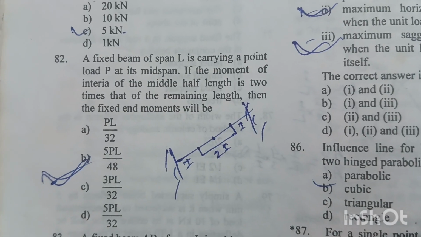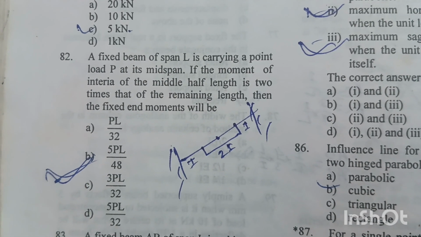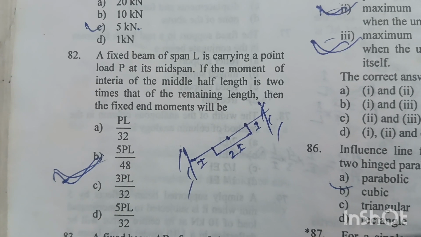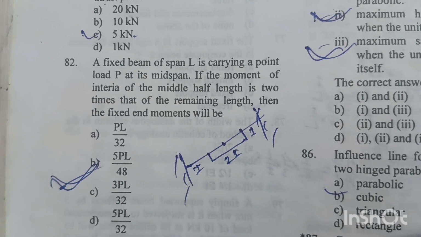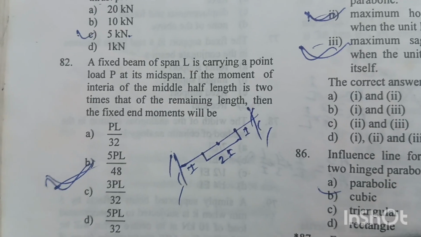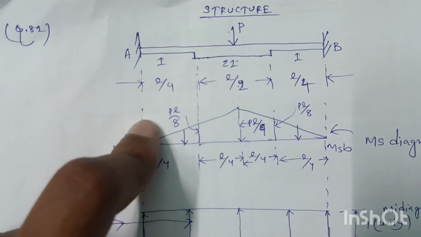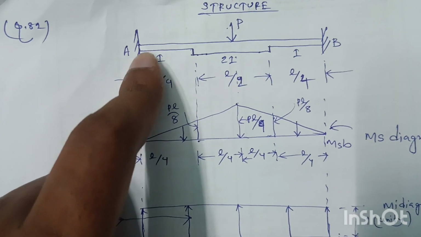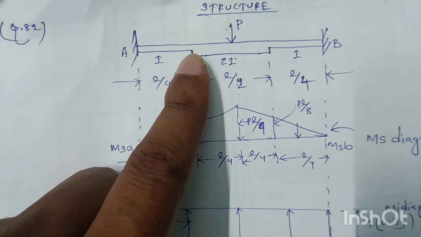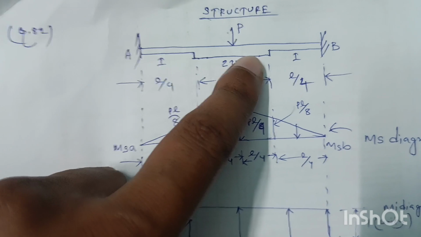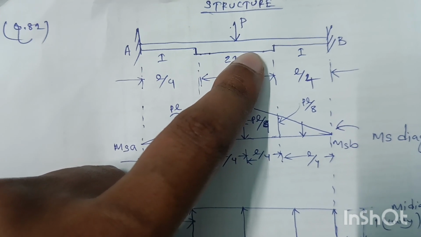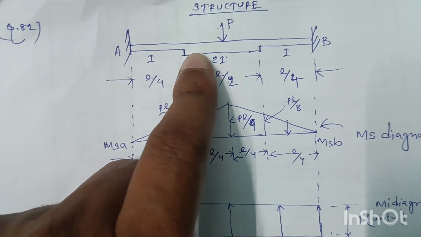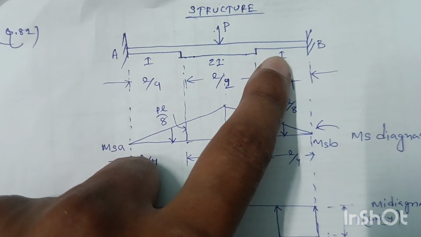Question number 82. A fixed beam of span L is carrying a point load P at its midspan. If the moment of inertia of the middle half length is 2 times that of the remaining length, then the fixed end moments will be. A fixed beam, suppose say AB, subjected to a central point load P, and the moment of inertia of the middle half length is 2 times the remaining length of the beam.